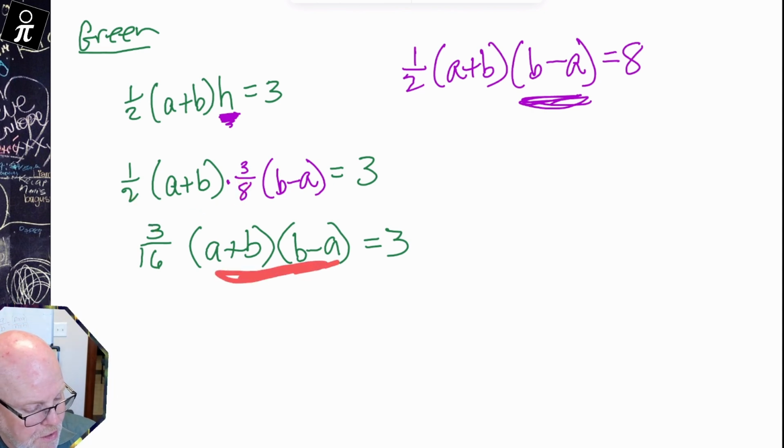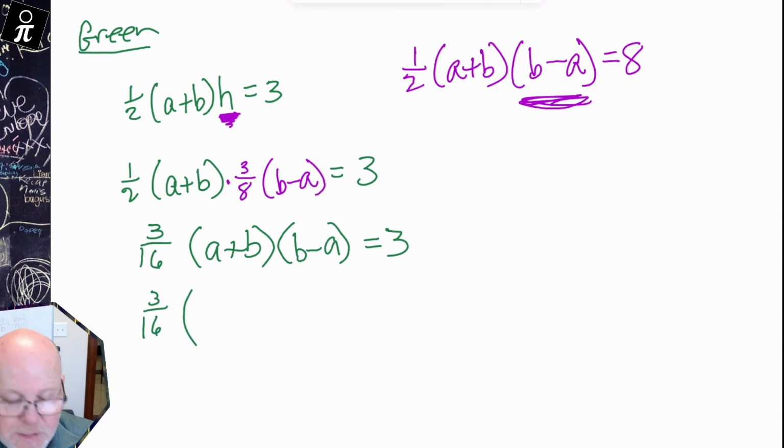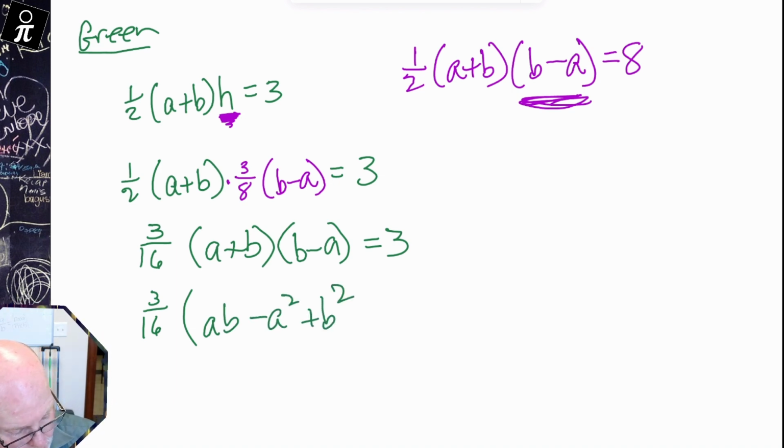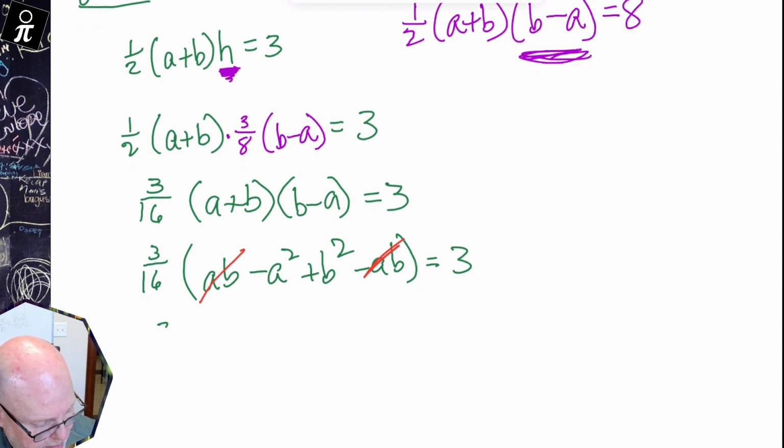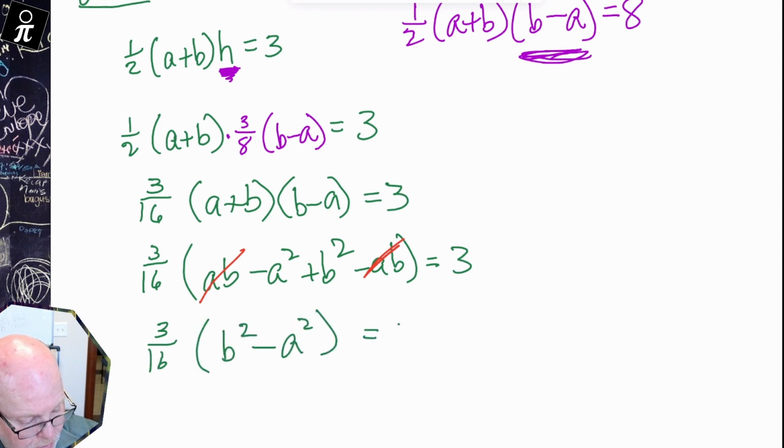Now I'm going to multiply these two binomials. That gives me 3/16 times (AB minus A squared plus B squared minus AB), and that equals 3. I can see that the AB's cancel out, so now I've got 3/16 times (B squared minus A squared) equals 3.